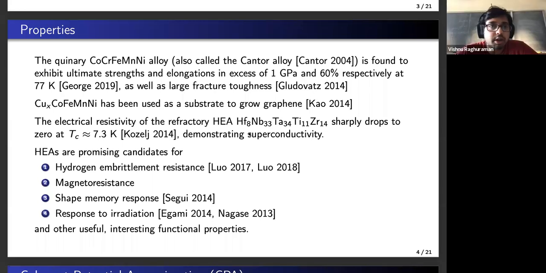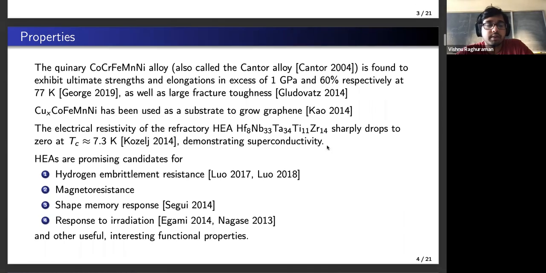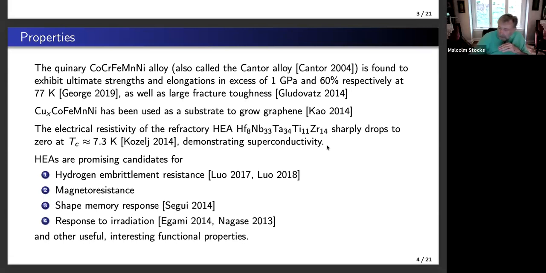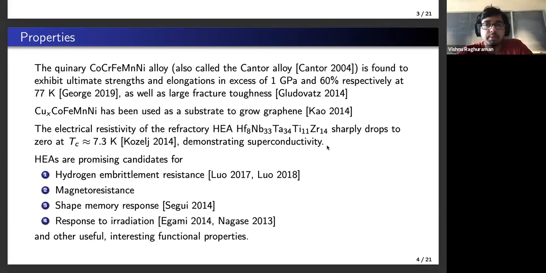Also, some high entropy alloys, for example hafnium, niobium, tantalum, titanium, zirconium, have demonstrated superconductivity. So basically, these high entropy alloys have the potential for great mechanical and electrical properties.